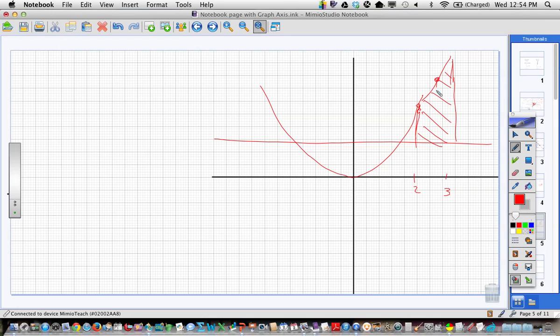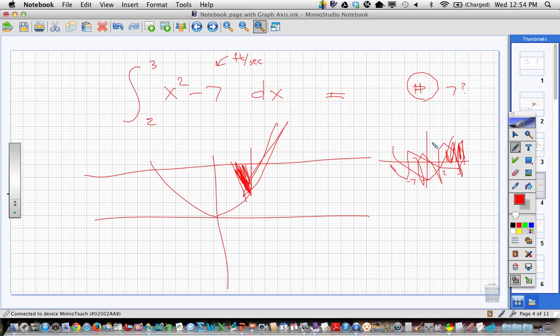So from x squared down to 7. So top y value x squared, bottom y value 7, x squared minus 7 from 2 to 3. It's that piece of area, which is a totally different piece of area that we were talking about over here. Okay, we graphed x squared minus 7 as our function and did the area between it and the x-axis. Does that make sense?